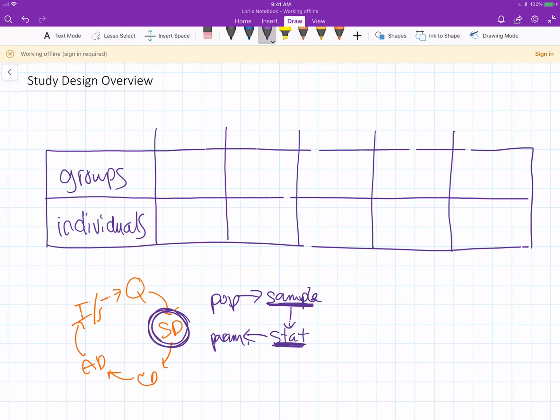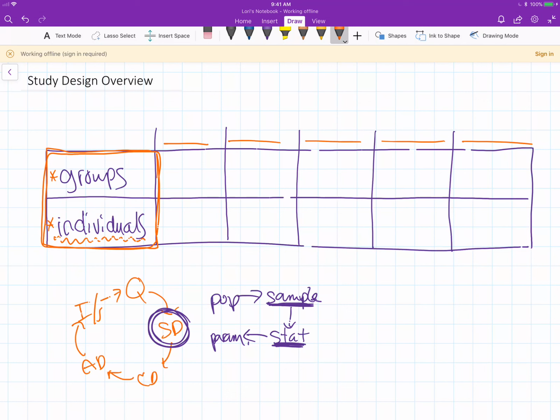So I like to break this down and present this in terms of a grid, and I've drawn it here. Here's my famous grid, maybe infamous. The basic idea is that I have five general types of studies, and each of those types of studies can be done among groups or among individuals. By far and away, most of the time when we're doing studies, we are studying one person at a time.